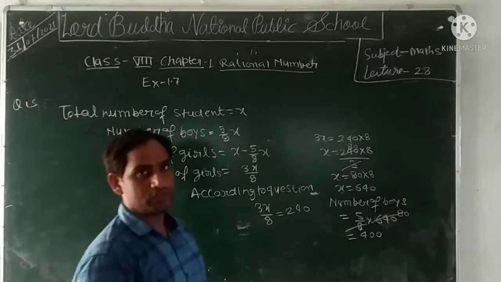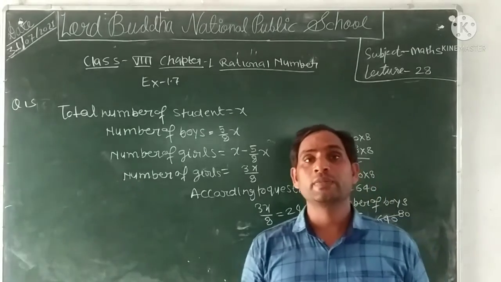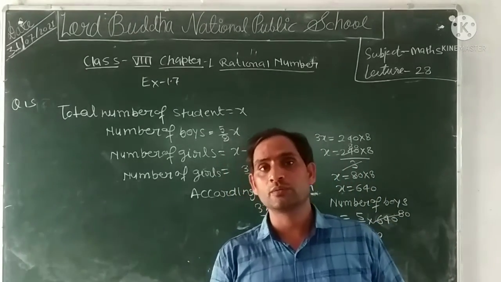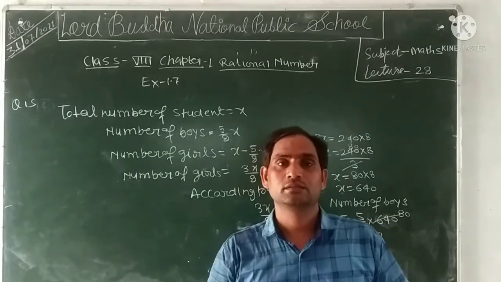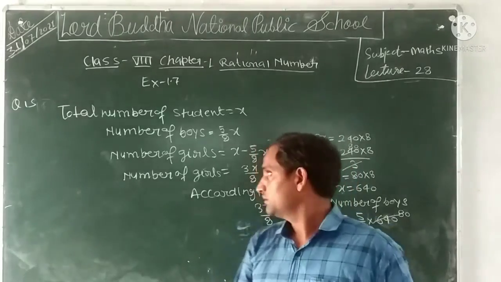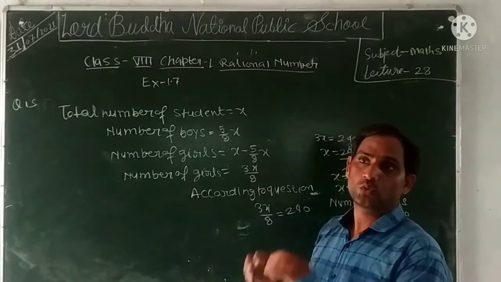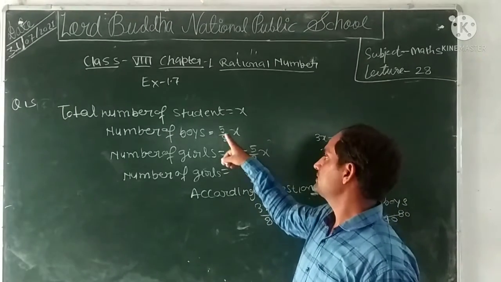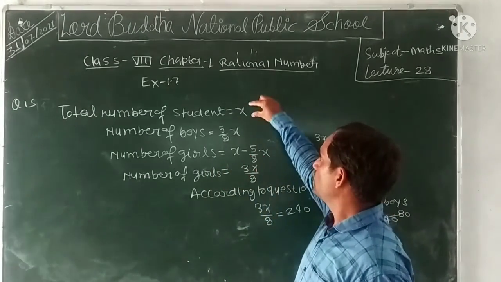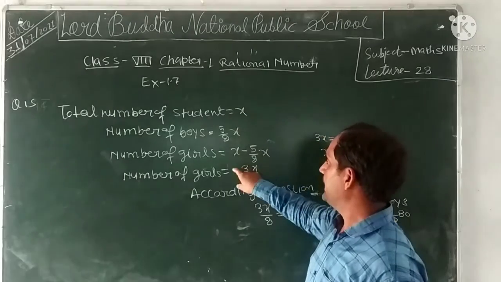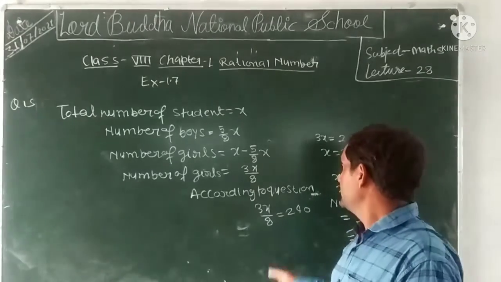Okay. Once again we see that our question is that the number of boys is 5 upon 8 of the total number of students and the number of girls is 240. So we have to find the number of boys. First of all, we get the number of students. The 5 upon 8 of the total number of students are boys, hence 5 upon 8x. Now, the number of girls will be the total number of students minus the number of boys. X minus 5 upon 8x equal to 3x upon 8, and the number of girls is given as 240.